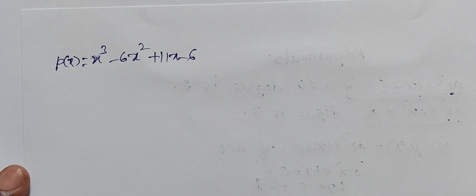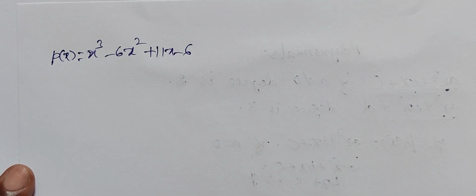Poly means multiple, and nomial means terms, so multiple terms. Is it always a single variable polynomial? Need not be, but those things we will see in the higher grades. Here we don't want to confuse ourselves with other class content.